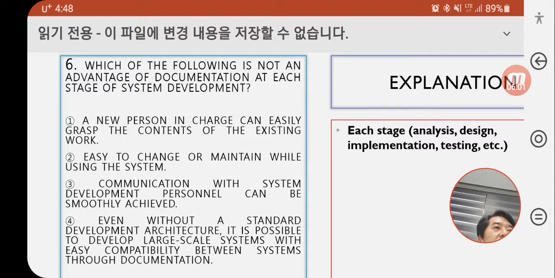Which of the following is not an advantage of documentation at each stage of system development? What are these advantages? Number 1, a new person in charge can easily grasp the contents of the existing work. Number 2, easy to change or maintain while using the system. Number 3, communication with the system development personnel can be smoothly achieved.